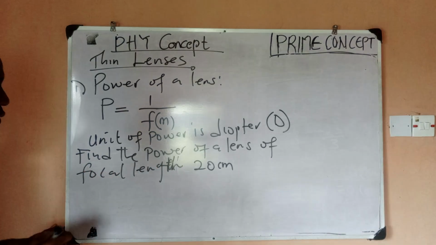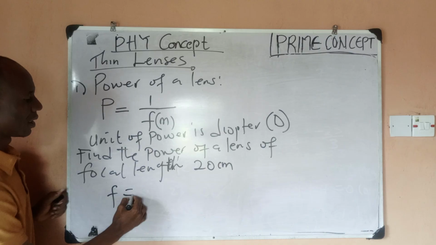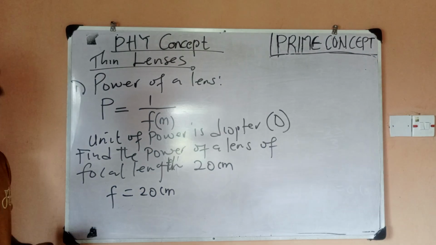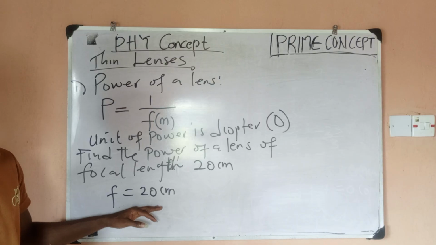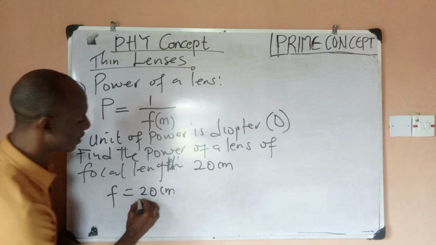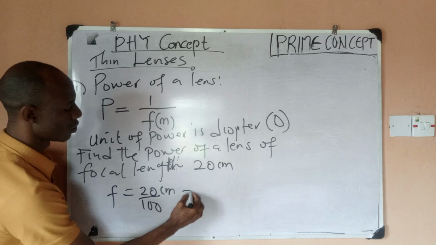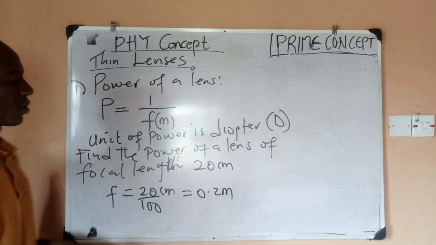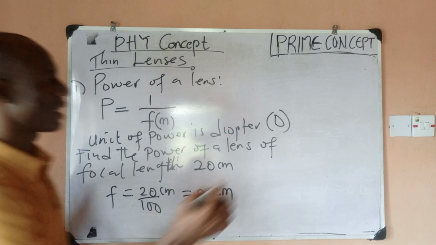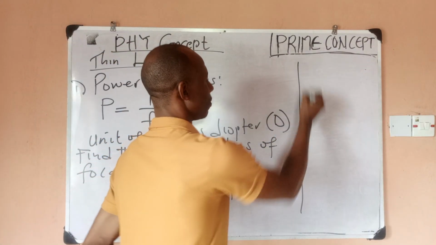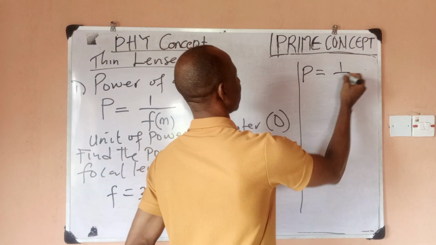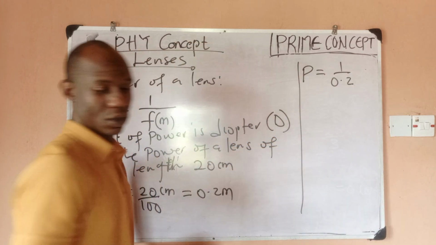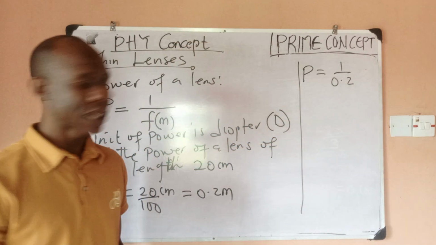The first thing we want to know is that our focal length is 20 centimeters. Since you want to find power, you must convert your focal length to meters. So I'm going to divide this by 100, which gives 0.2 meters. If this is my focal length, then I can find my power. I would simply say that the power is 1 by F, which is 1 by 0.2. If you divide this, I don't have my calculator close.